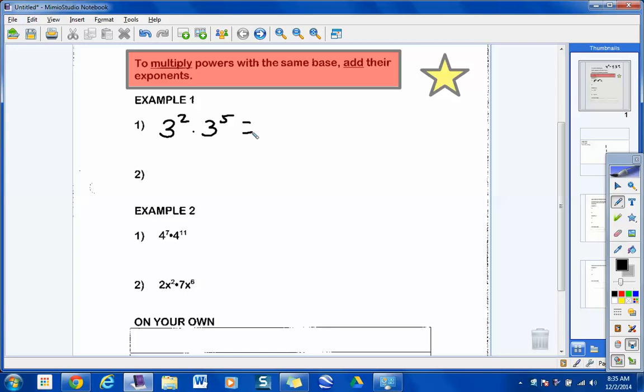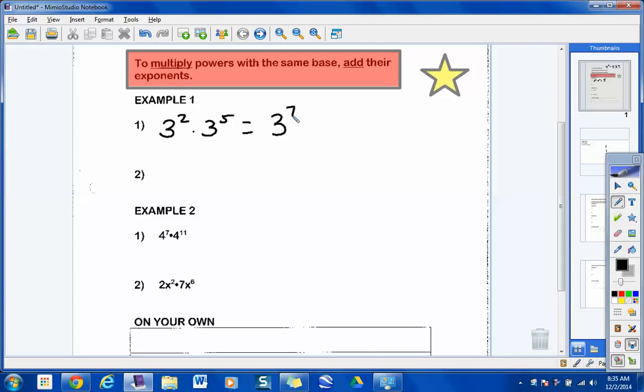What does it say to do with their exponents? Add them together, right? What are the exponents of these bases of 3? 5 and 2. So according to the rule, this would equal 3 to the 7th power.